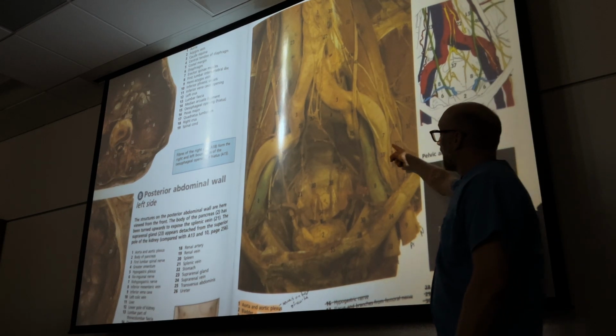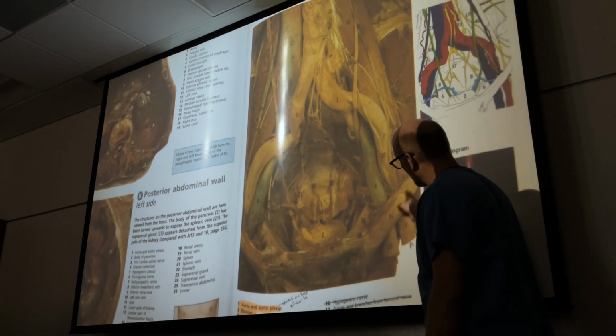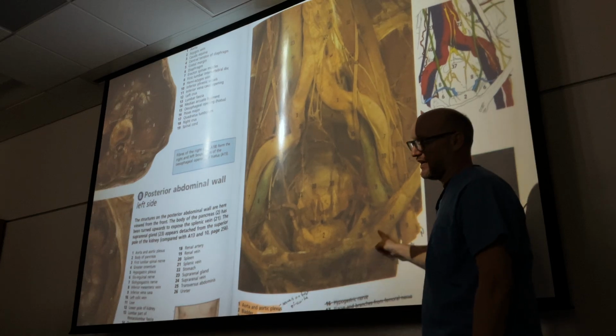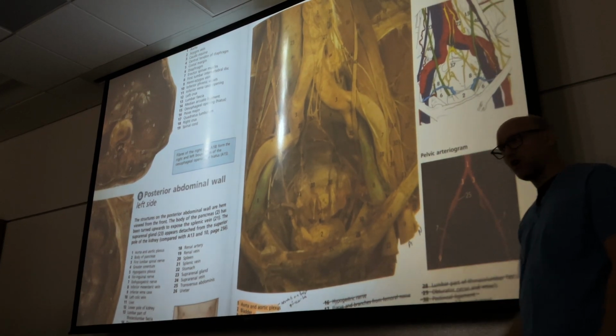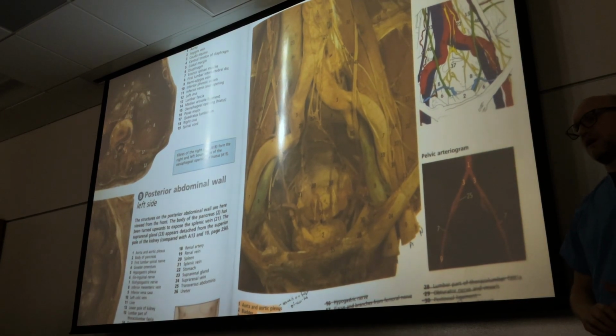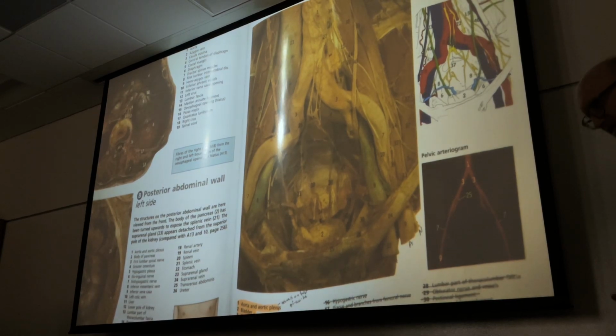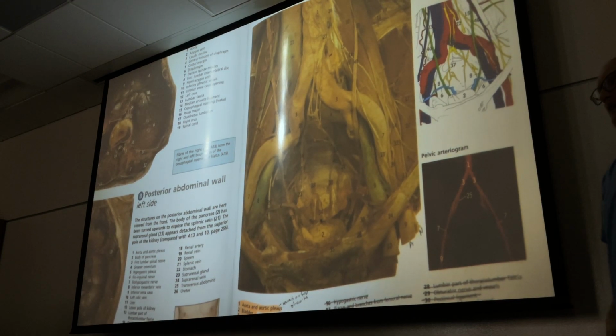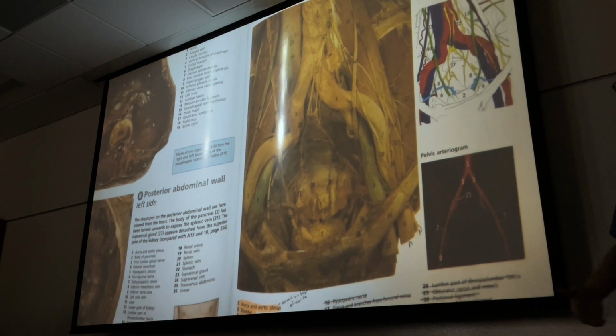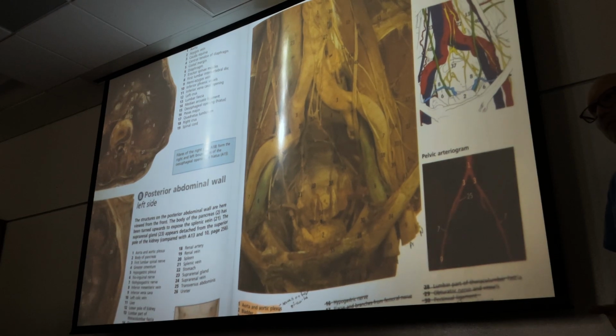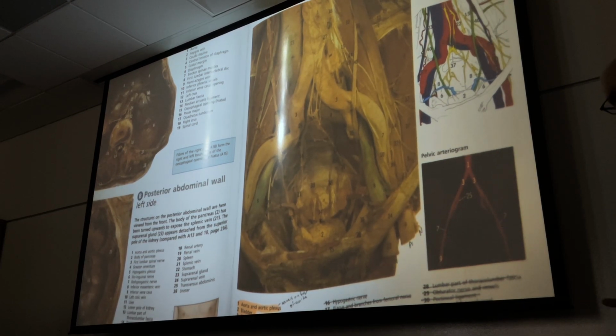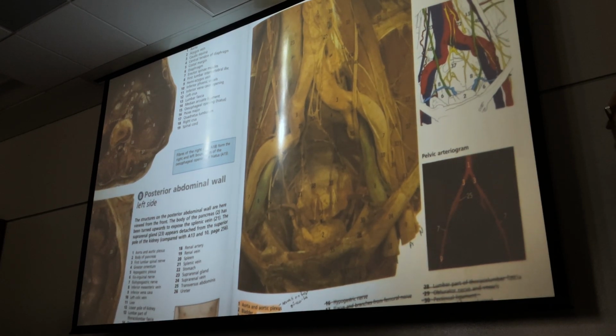That external iliac artery is going to cross this band here. It's a ligament, and it's called the inguinal ligament. If you have a really big muscle build, like a bodybuilder, they have that kind of V shape at the bottom. That V shape is caused by the inguinal ligament.